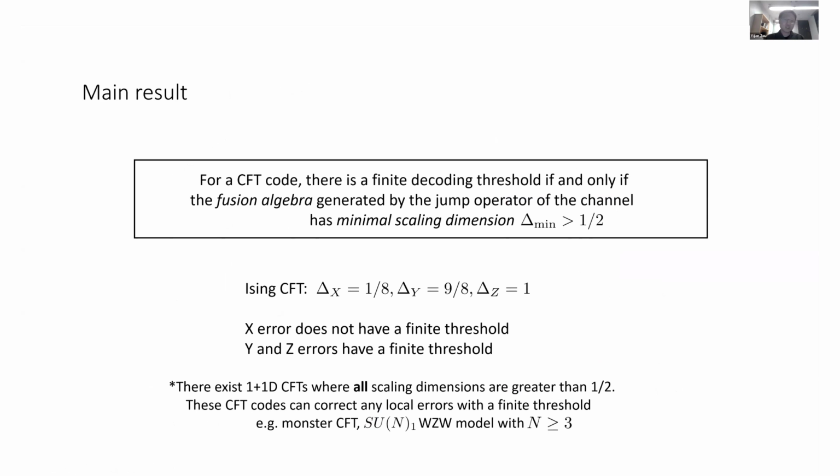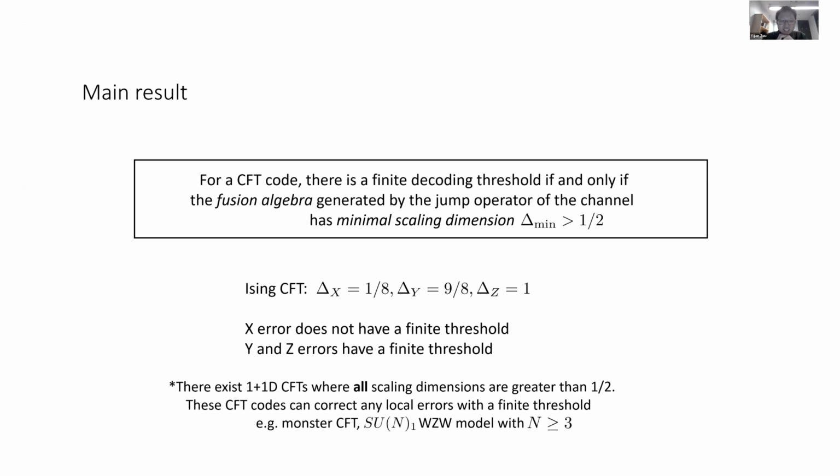So that brings me to my main result. I'm going a little bit over time, so I will just spend the last few minutes on this main result. The main result is that for a CFT code, there's a finite decoding threshold for the dephasing noise that I mentioned above if and only if the fusion algebra generated by the jump operator has minimal scaling dimension bigger than 1/2.